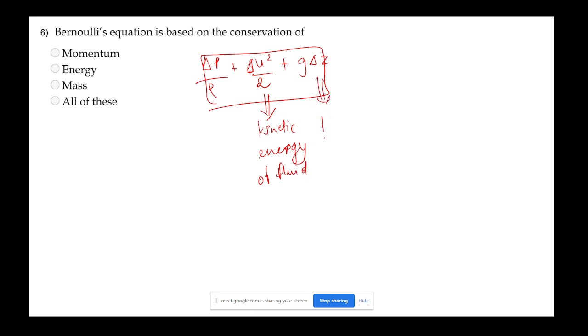This term represents the potential energy, and also you can relate pressure with energy. So basically it is a kind of energy balance. So energy is the correct answer here.